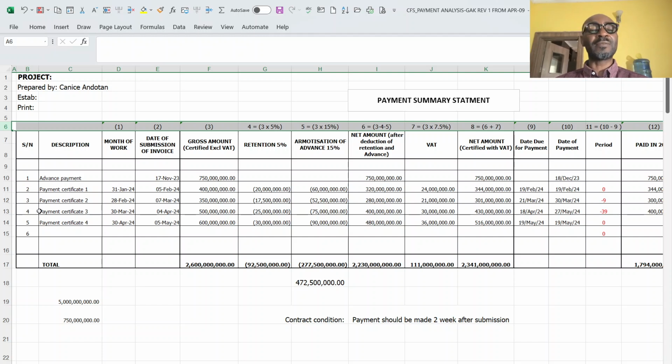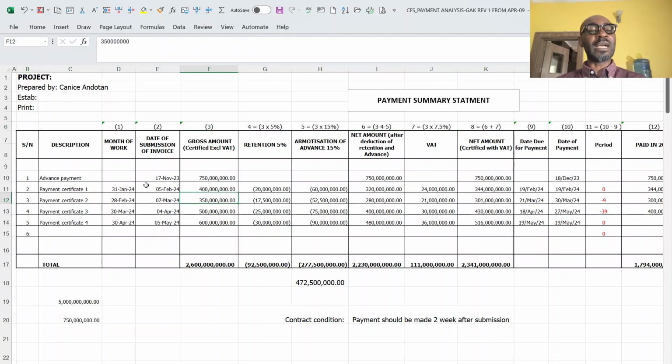So having said this, as you can see, in my first column, I have the list of certificates I have put in since the beginning of the project to the time I am preparing the interest for the months in view.